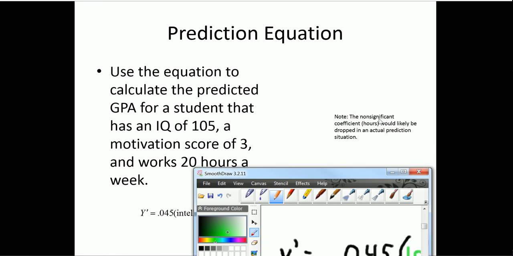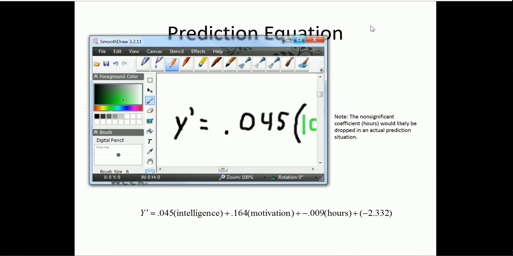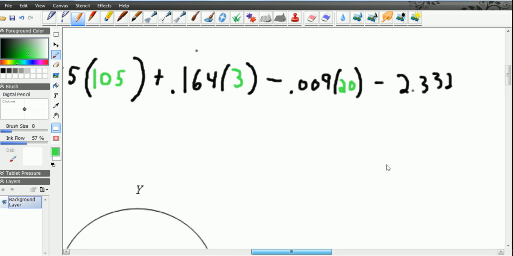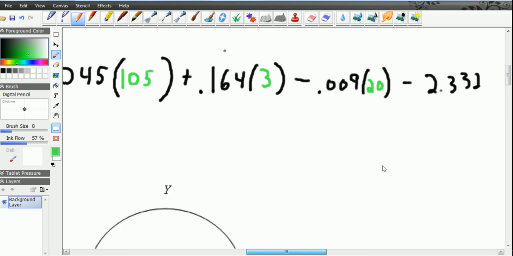You said motivation 3 and 20 hours worked per week. So motivation score is 3, whatever scale that's on, and 20 hours worked per week. All right, now let's not forget the constant, which is negative 2.332.